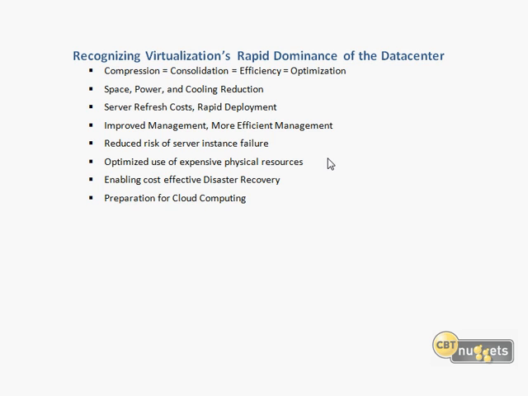A real big benefit here, too, is this whole notion of disaster recovery and making disaster recovery finally cost-effective. I have a buddy of mine who was working in a financial services organization. And this is back in the way old days, prior to virtualization. And because they were financial services, they had to have a disaster recovery site because it's people's money.